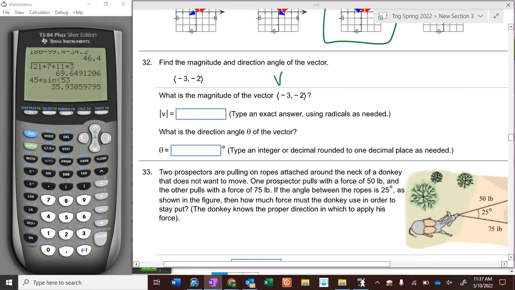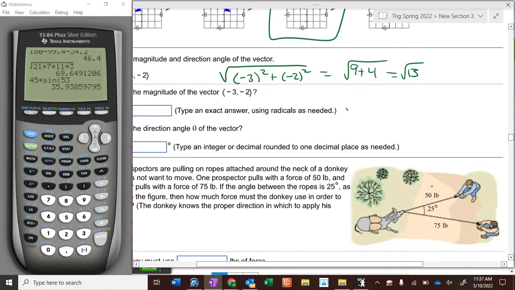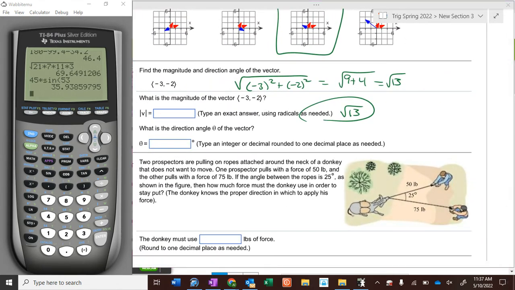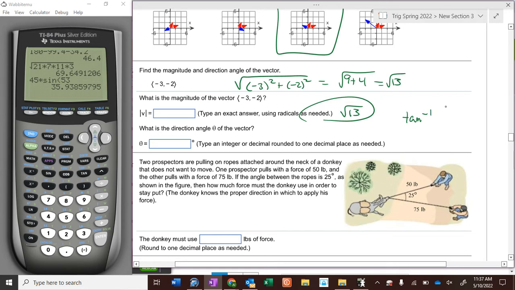Magnitude of the vector is the square root of the first part squared plus the second part squared, which is square root of 9 plus 4, which is square root of 13. That's that answer. To find the angle, it's the inverse tangent of the absolute value of y over x.